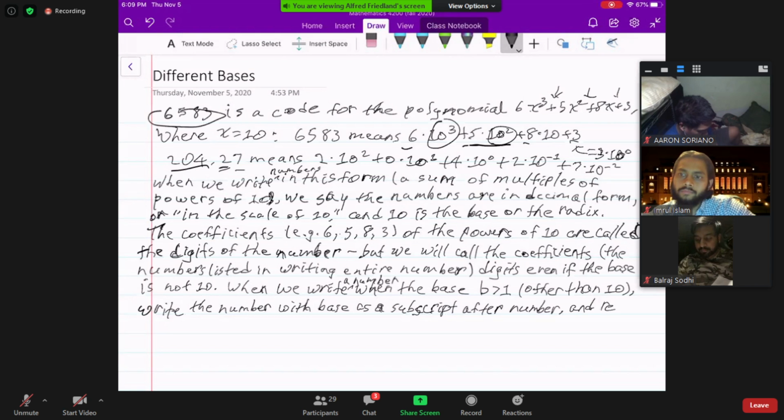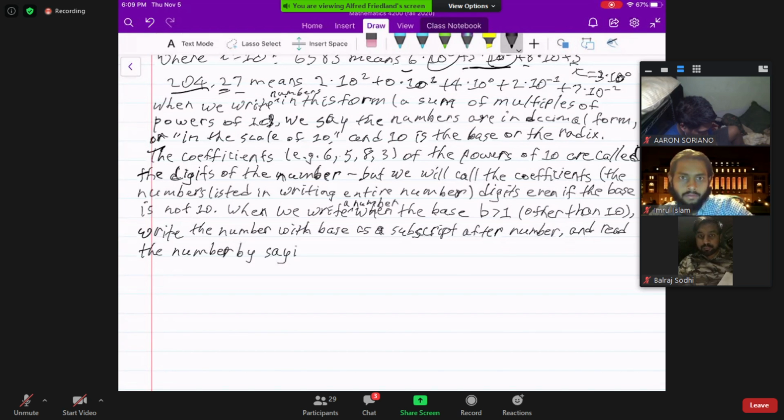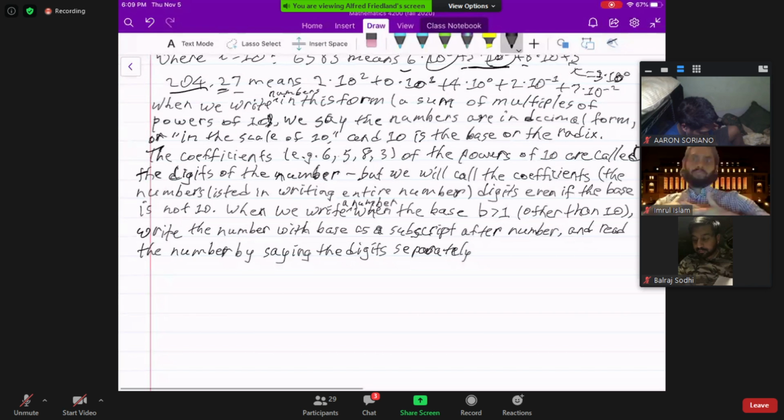And read the number by saying the digits separately, and then the base if it's not understood.